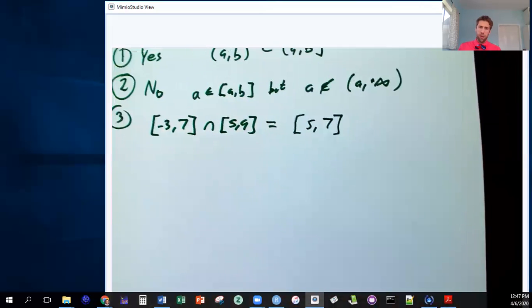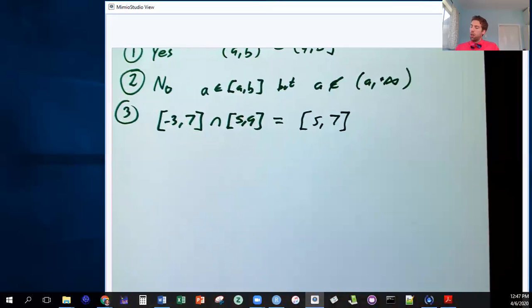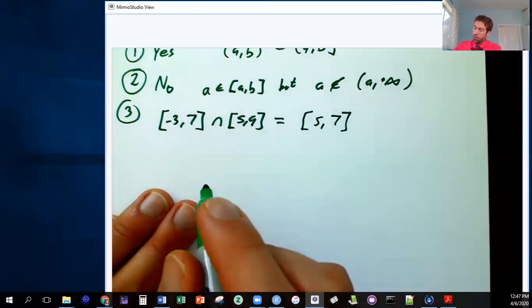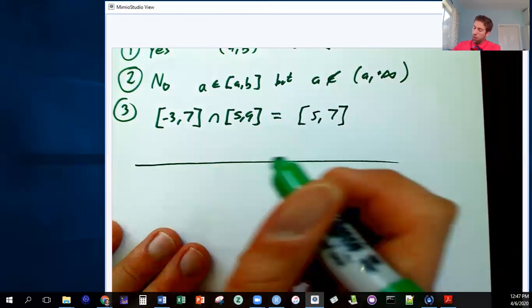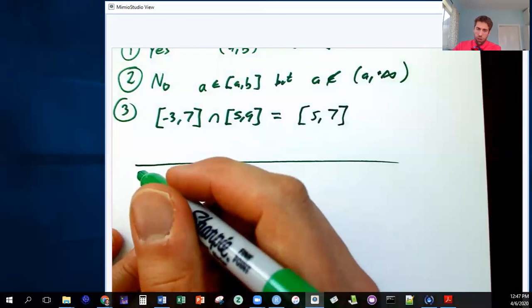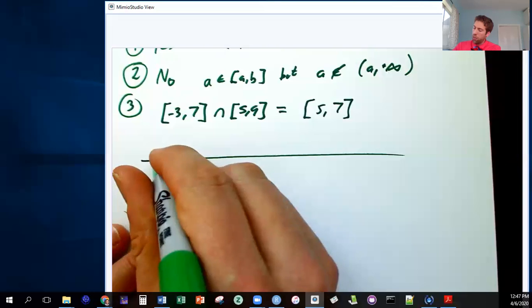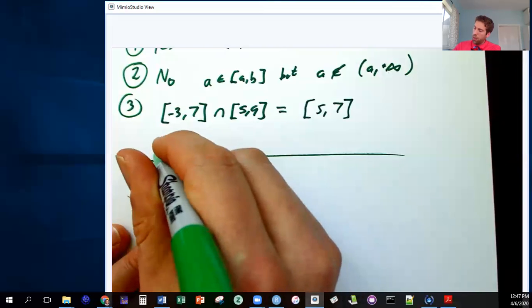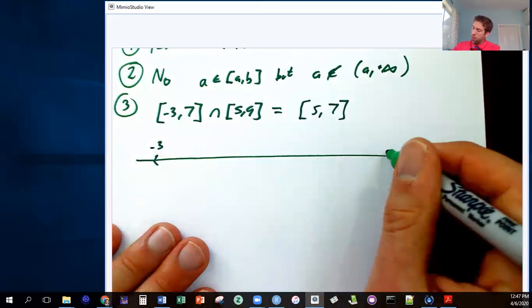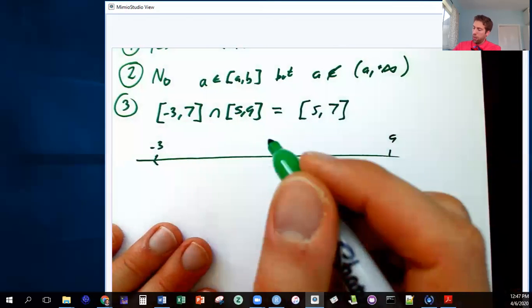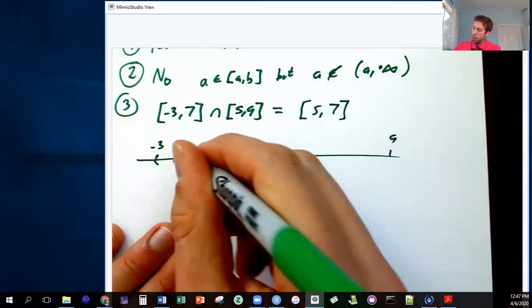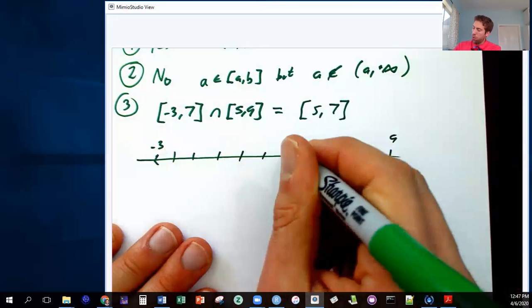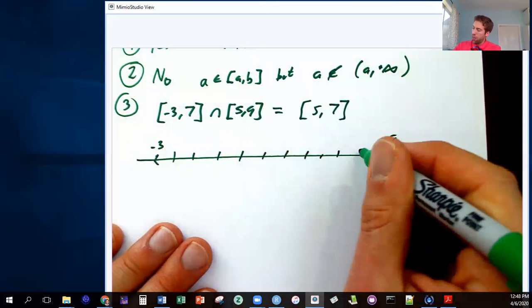If that didn't make sense to you, how I just did that, try shading out intervals. If you're not sure how to proceed, shade the interval, here's -3 all the way up to 9. -2, -1, 0, 1, 2, 3, 4, 5, 6, 7, 8.